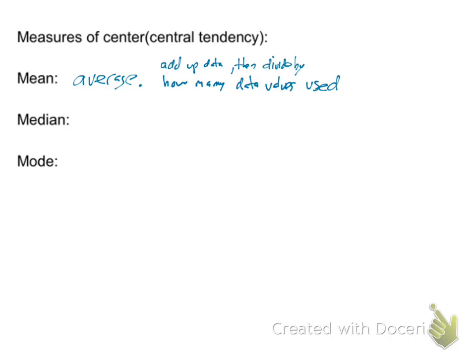What's the median? Middle number. It's the middle number. When? It's kind of important. It's more than just the middle number, because your data is not necessarily in an appropriate order to find the median.